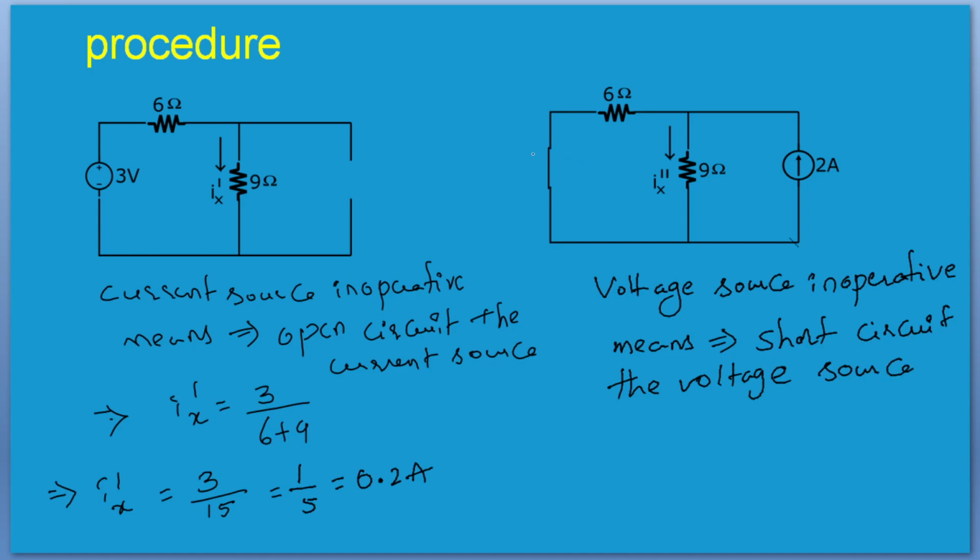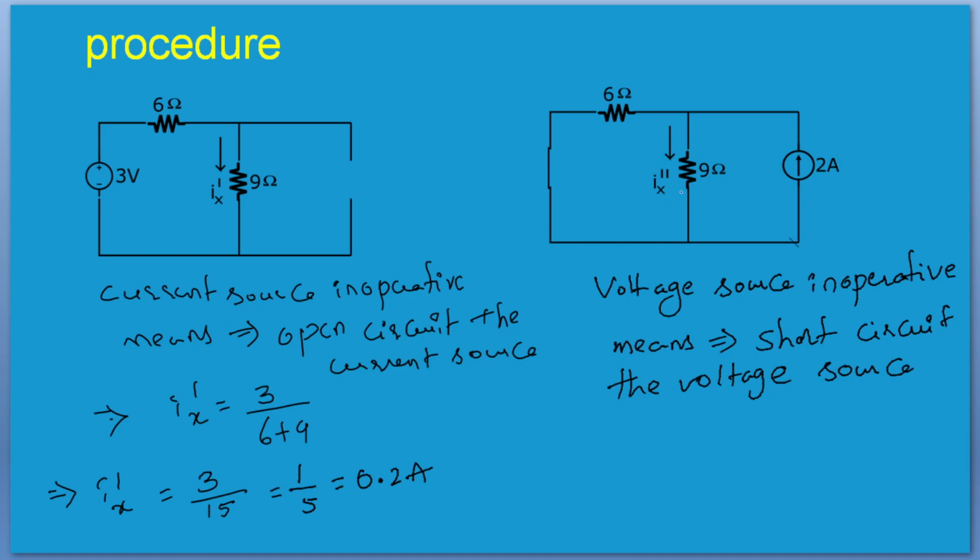See here, the voltage source is short circuited. Then voltage becomes 0. Voltage source value becomes 0. So this is the meaning of making voltage source inoperative.